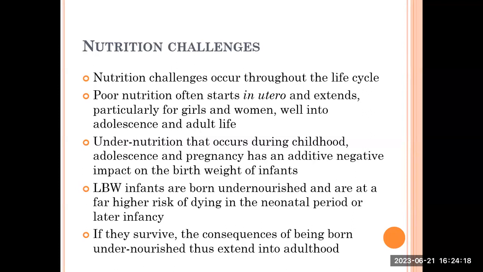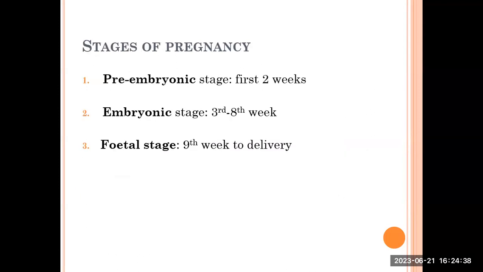That is one of the profound things that was identified by Barker and his group. They identified that nutritional insult in the mother's womb has consequences that extend beyond the time the baby is born, but go as far as adult life. So that sets the stage for us to examine critically what happens within the mother's womb.